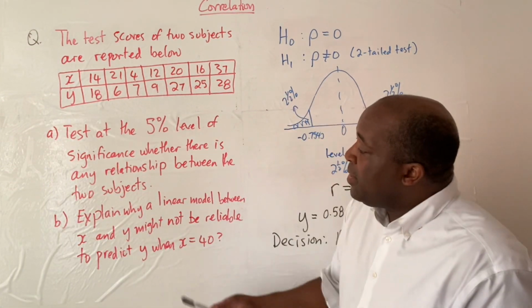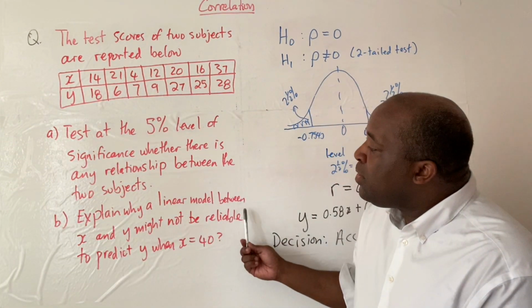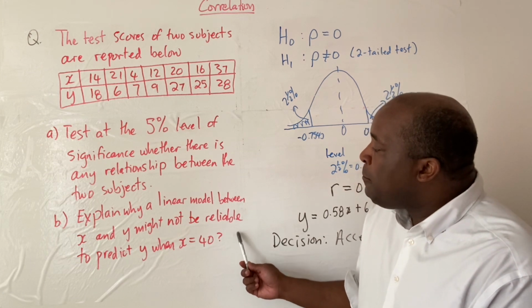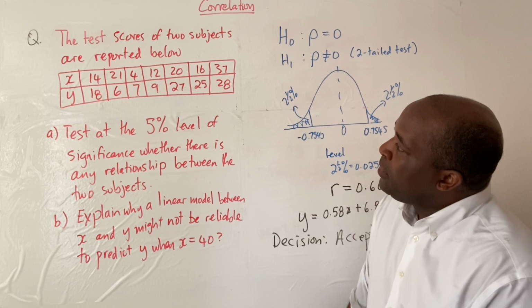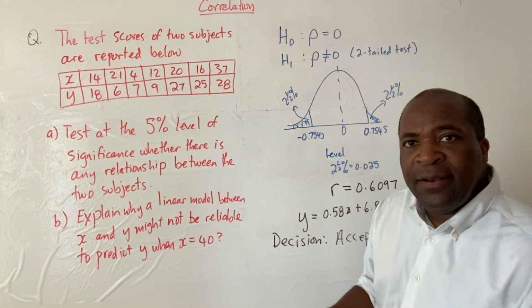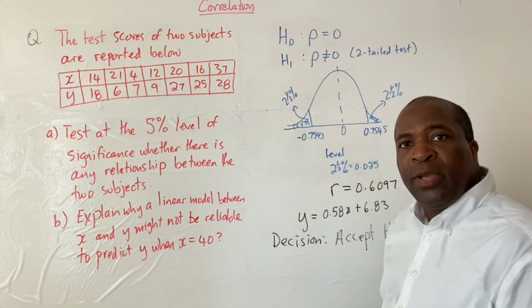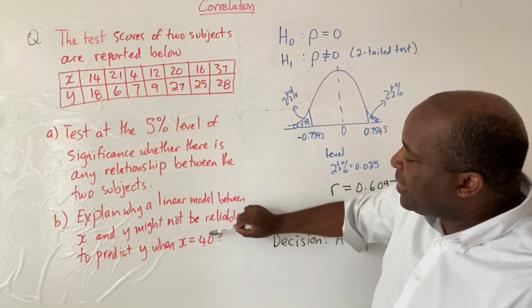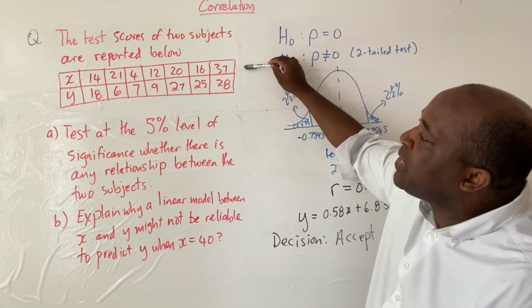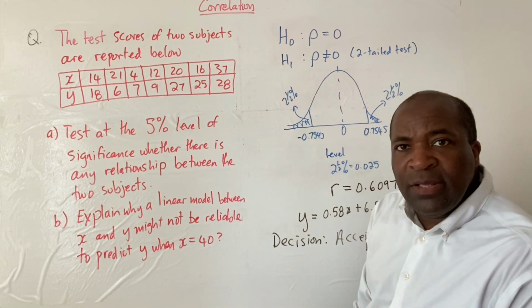Now in part B, they ask, explain why a linear model between X and Y might not be reliable to predict Y when X equals 40. All right, so beyond the fact that the relationship between X and Y is not statistically significant, note also that X equals 40 is outside of the data range.